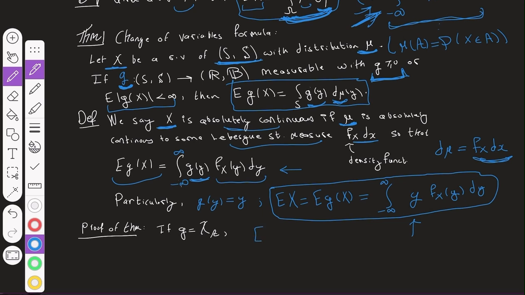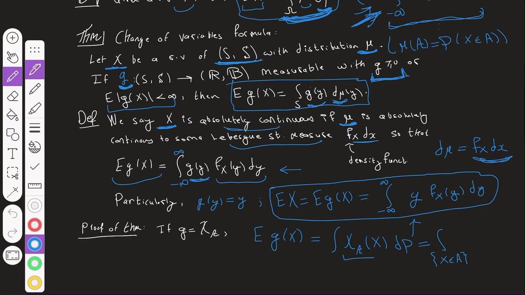So what's the expected value of g of x in this case? And remember, the only definition here that we have is the integral of this thing. So this would be the integral of g of x. g here is the indicator function, so it would be the integral of chi sub A at x dP, and this is the same thing as the integral over the set that is the pre-image of A under X. And why is that?